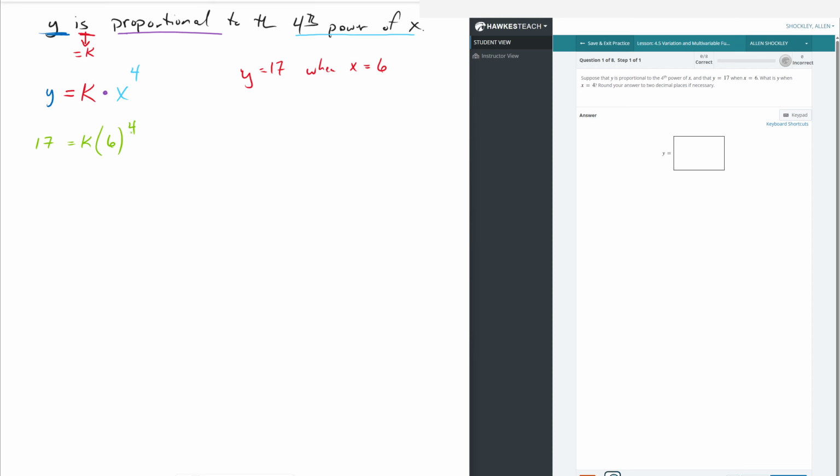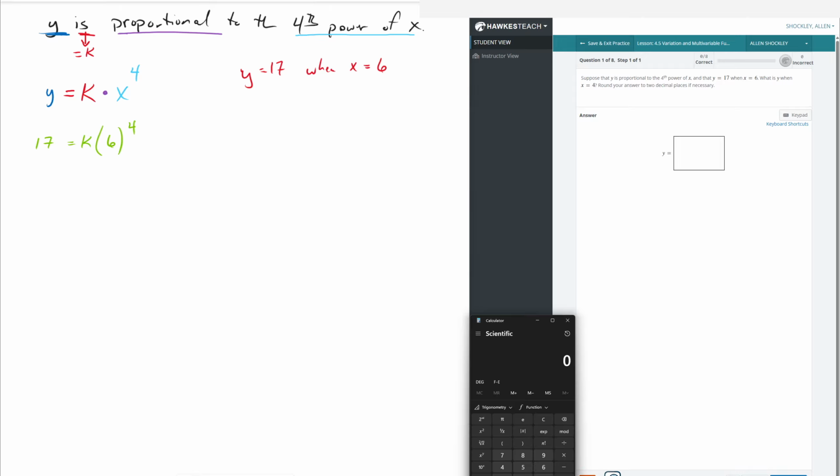Now we just got to do it. We got to figure out what 6 to the fourth is. So I got 17 equals k times 1296.